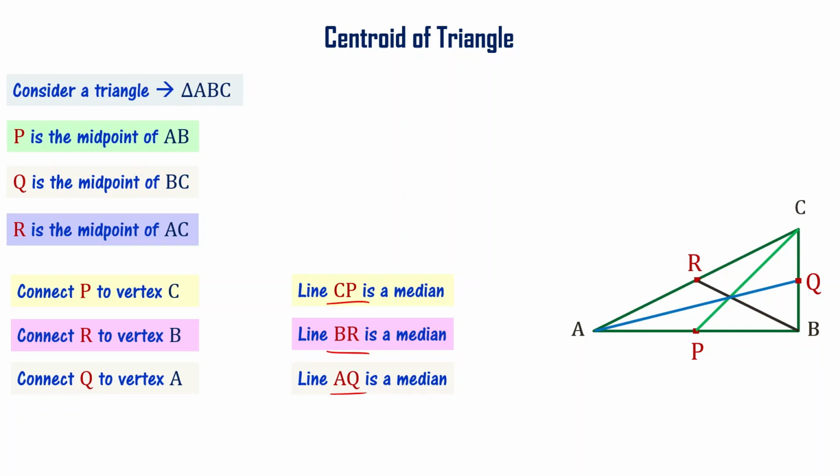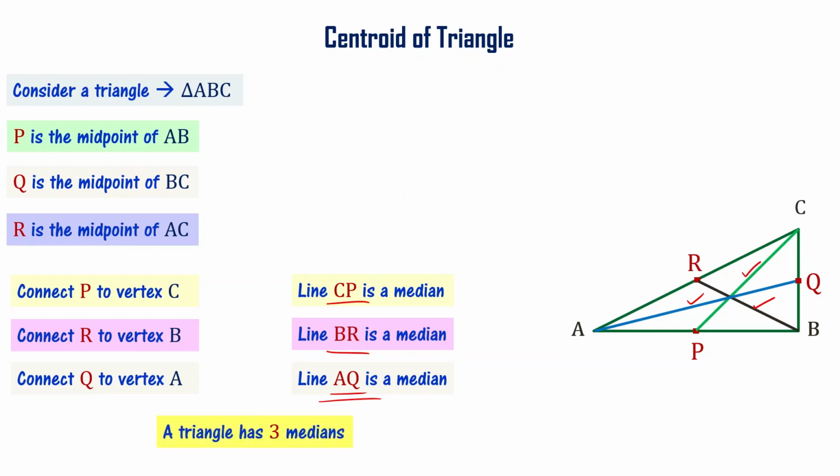And if you look at these newly drawn lines, line CP, line BR, and line AQ, these are called medians of the triangle. Okay, అంటే వర్టెక్స్ని దానికి అపోజిట్ సైడ్ ఉన్న సైడ్కి మిడ్ పాయింట్ని కలిపే లైన్ ఏమంటాం? మీడియన్ అంటాం, రైట్? AQ is a median, BR is a median, and PC is a median, right?